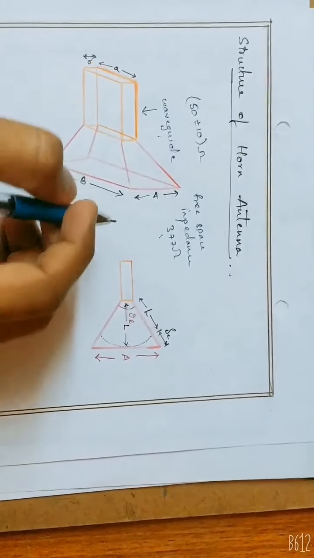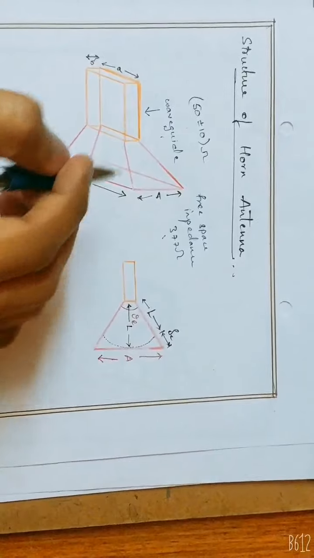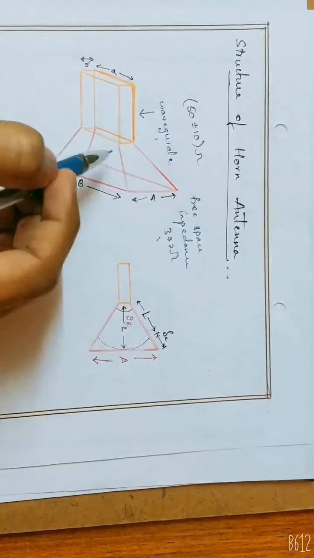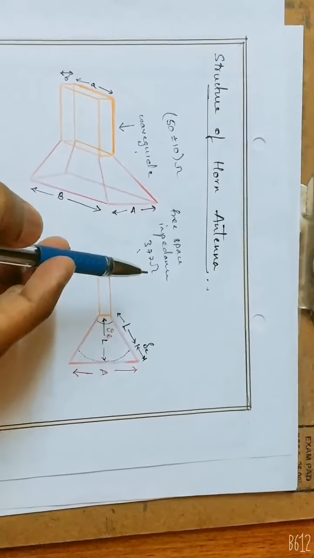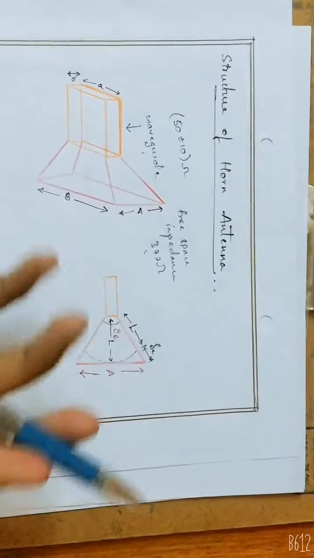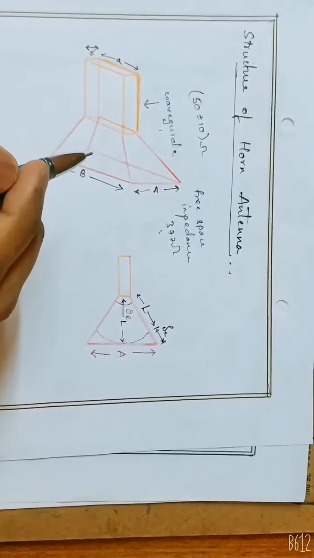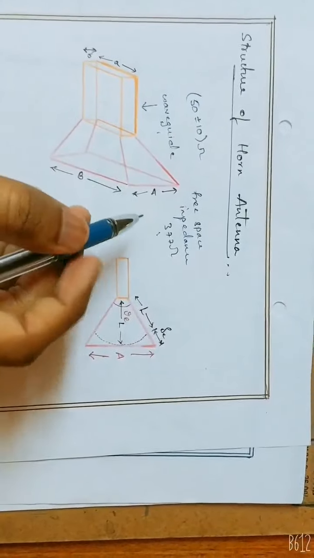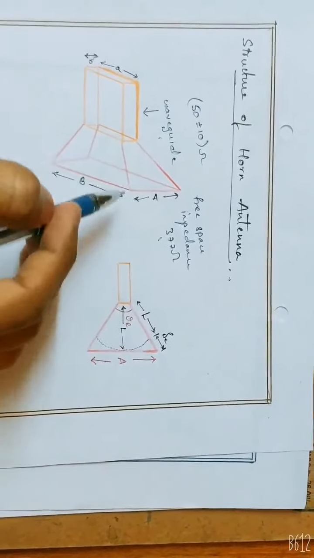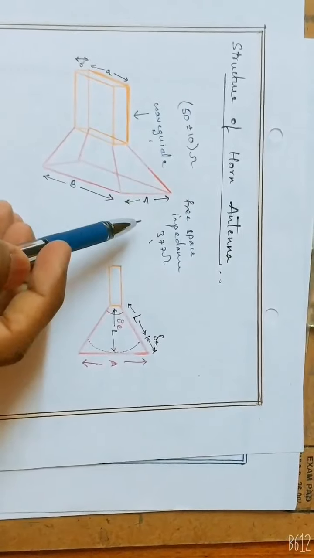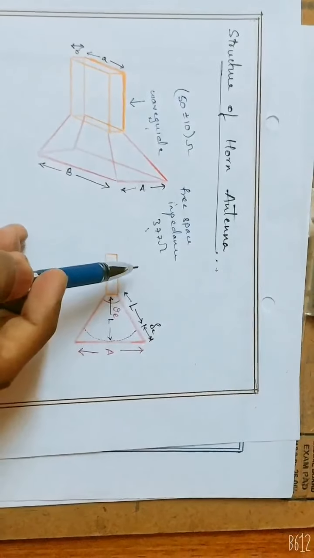Now the question arises, why do we provide flaring to the waveguide? We provide flaring to match the impedance with the free space. If we don't have impedance matching with free space, then the waveguide cannot radiate.